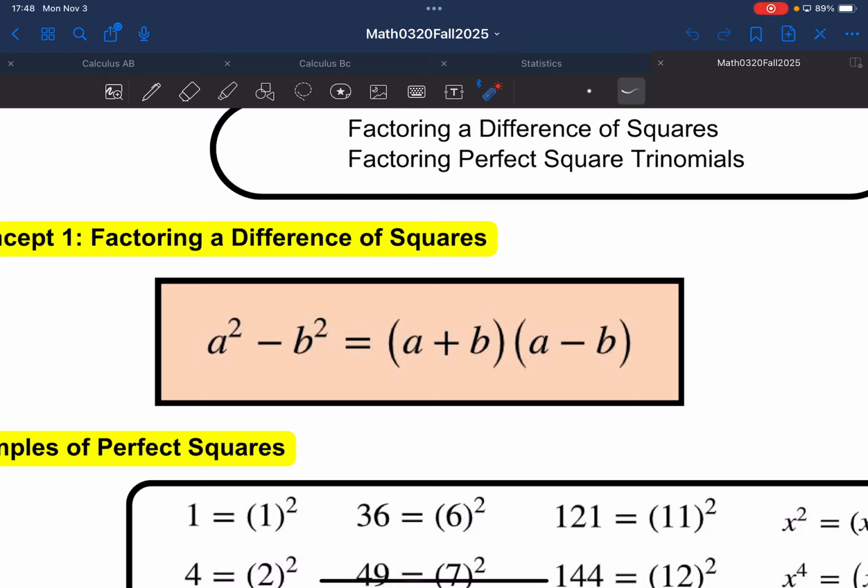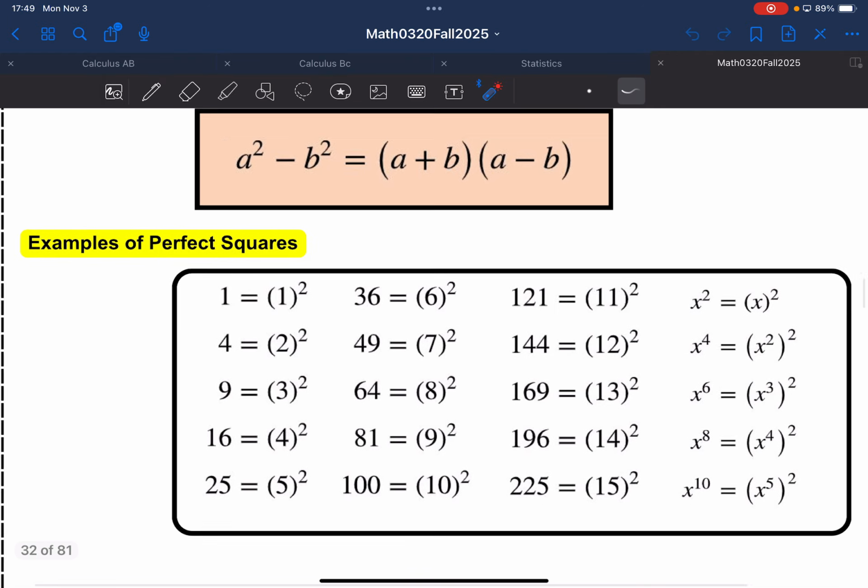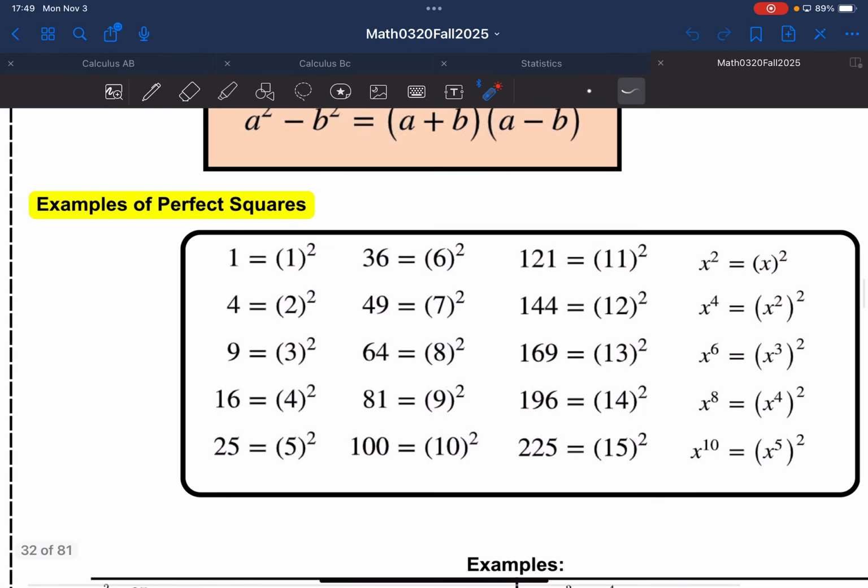And you'll know that you're able to use factoring by the difference of squares if they are perfect squares. So for example, 25 is a perfect square because the square root is 5. 36 is another perfect square because the square root is 6, and so on and so forth. And I have all these examples here of what it looks like to be perfect squares.